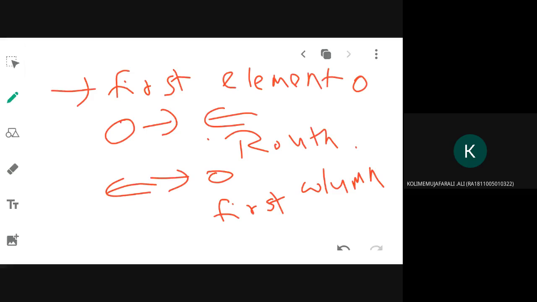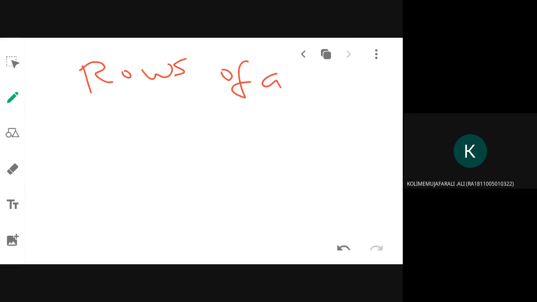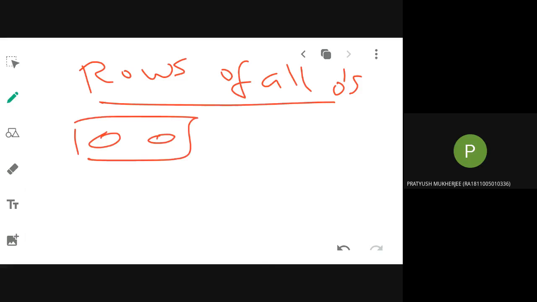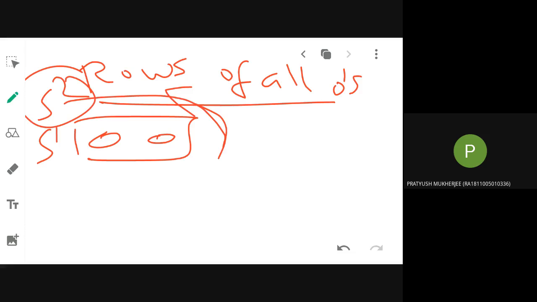Then third case, row of all zeros. Row of all zeros means what will you do? If you have 0, 0, then the auxiliary equation: you have to check what the previous row is. That row will have the even polynomial.